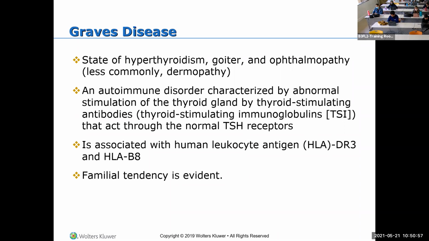Now, an autoimmune disorder characterized by abnormal stimulation of the thyroid gland by thyroid stimulating antibodies that can act through normal thyroid hormone receptors.